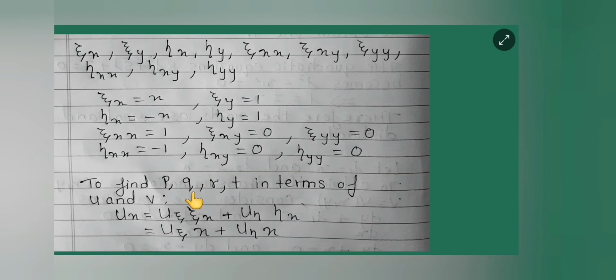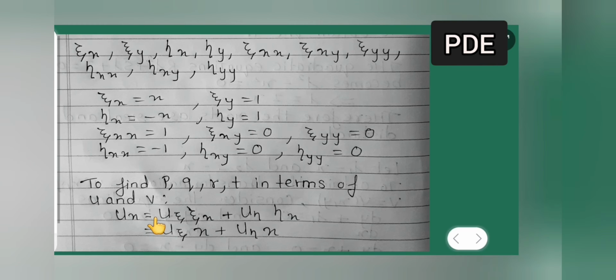To find p, q, r and t in terms of u and v, what we need to do? What is your u x? This is nothing but p. P is equal to u x.